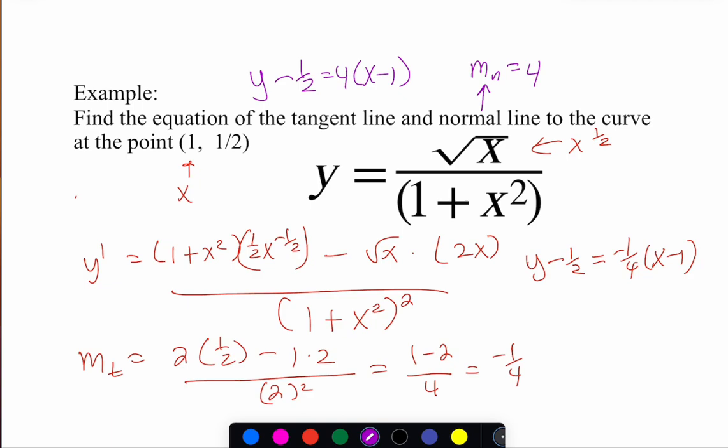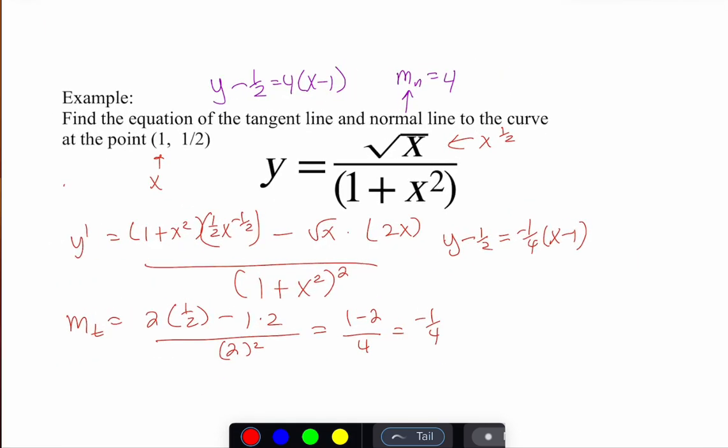So if they ask you to find a normal line, just do the tangent, find its slope and flip it over, and you've got the normal line. It's not mathematically more that you have to do. The normal is just the opposite reciprocal slope.